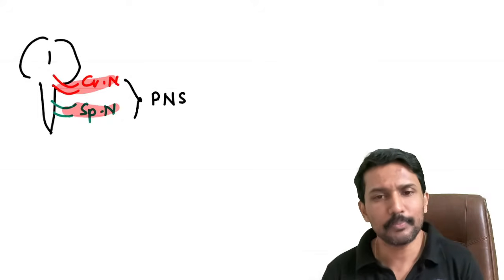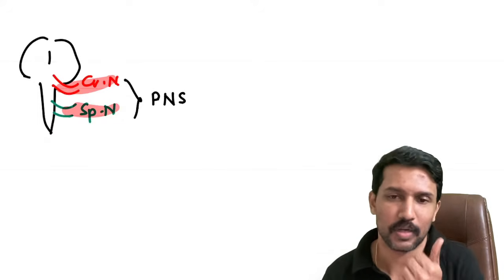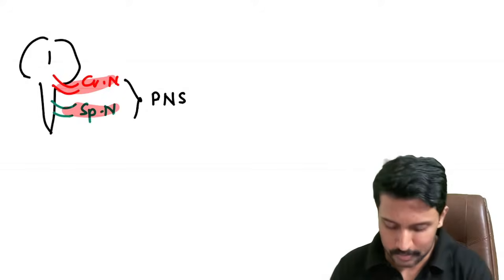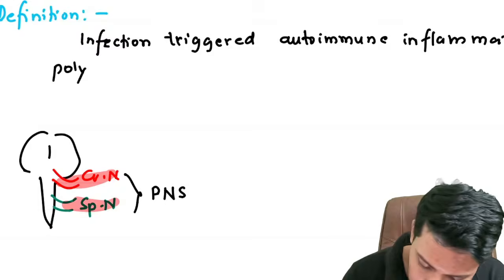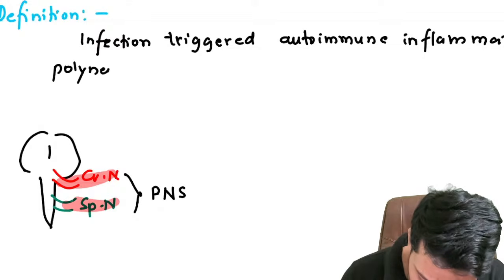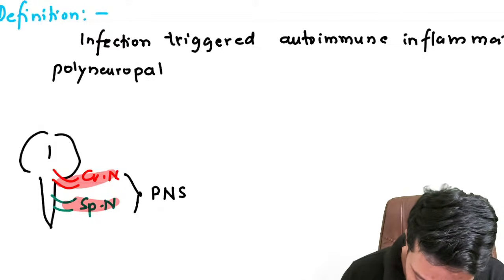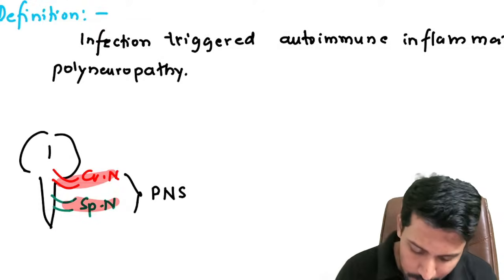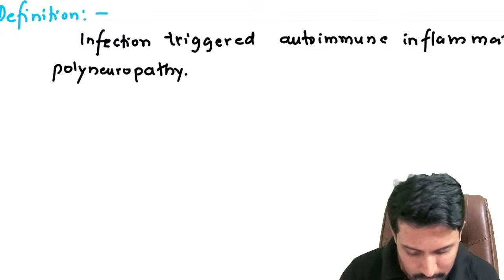So GB syndrome is a polyneuropathy. It is not selectively targeting only facial nerve or ulnar nerve or radial nerve or sural. It is generally affecting all nerves. So it is an infection triggered autoimmune polyneuropathy. Okay, that's clear. Now we have to elaborate more on this.